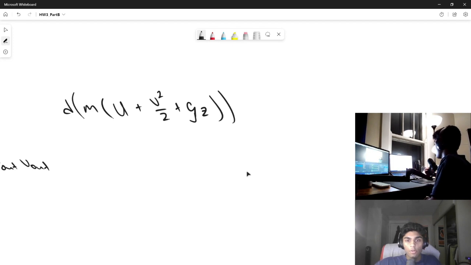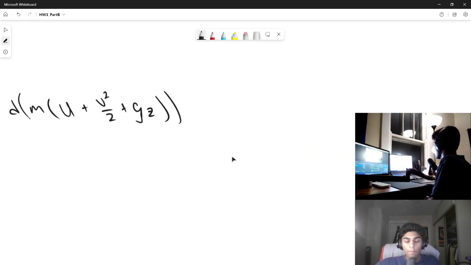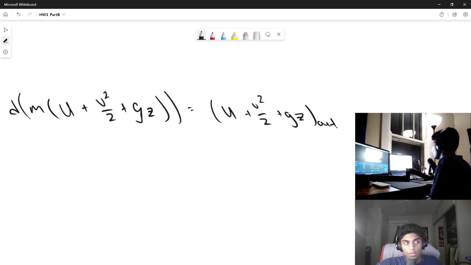So if we really wanted to go ahead and balance this out all the way, we could do the same thing, basically. So our internal energy plus our kinetic energy plus our gravitational potential energy out times the differential amount of mass, or actually not out, we're going to focus on the in, where you want to go in minus out.